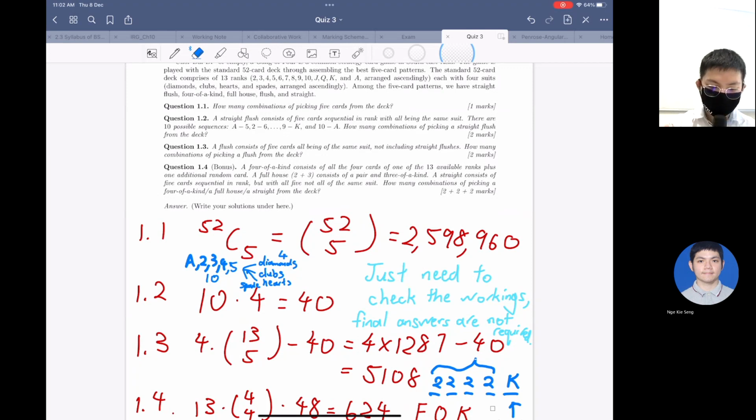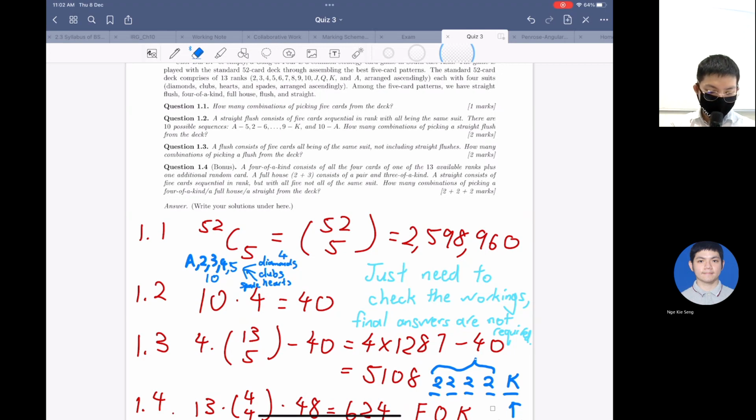So you take away 1.2, because of the inclusion-exclusion principle. Flush is 13 choose 5 within the same suit, multiplied by 4 suits, then minus the 40 straight flushes.